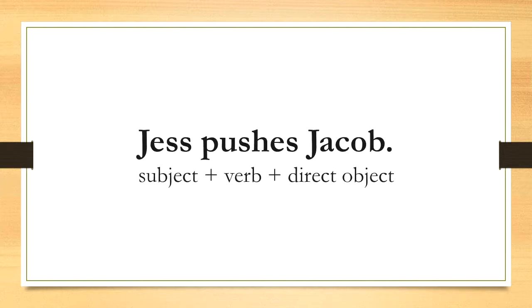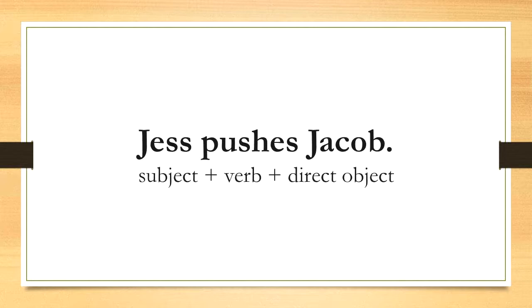In English, we indicate grammatical function like subject and object with semantic word order. In the sentence, Jess pushes Jacob, you know that Jess is the one doing the pushing because that name is first in the sentence. The position before the verb in our language is reserved for the subject.